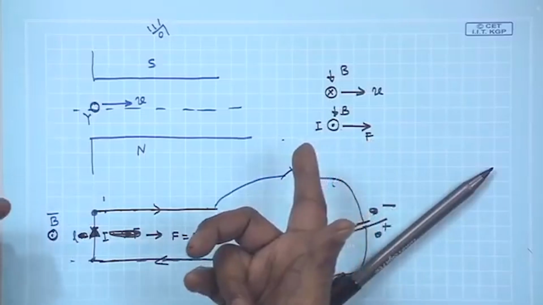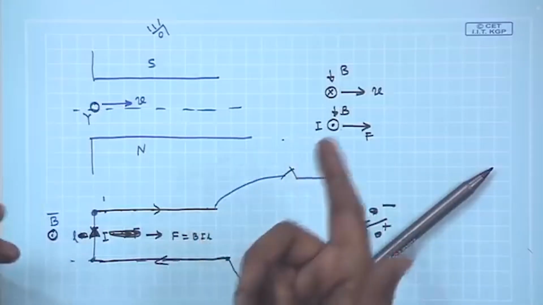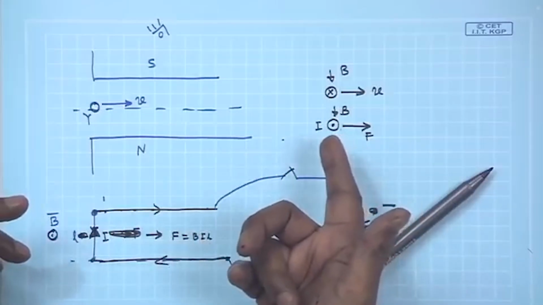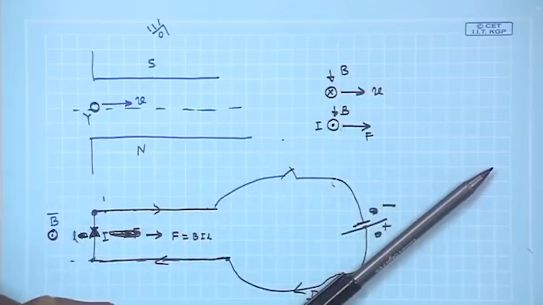Similarly, if a conductor which carries current is placed in a magnetic field, then it will experience some force. The direction of the force can be obtained by using left hand rule, and the magnitude of the force is B I L.